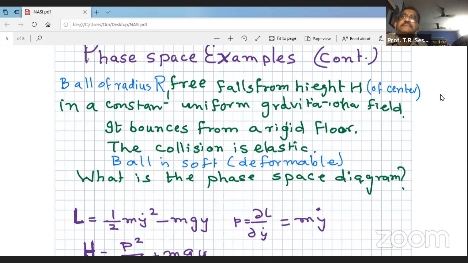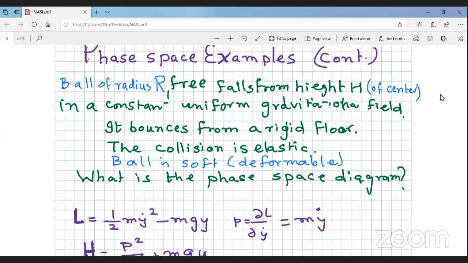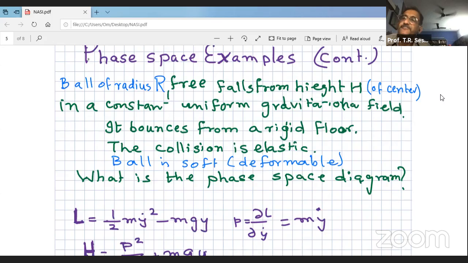What I have taken is a ball of radius r. It free falls from a height h, and h is the height of the center of the ball. The free fall is as before in a constant uniform gravitational field. It bounces from a rigid floor.